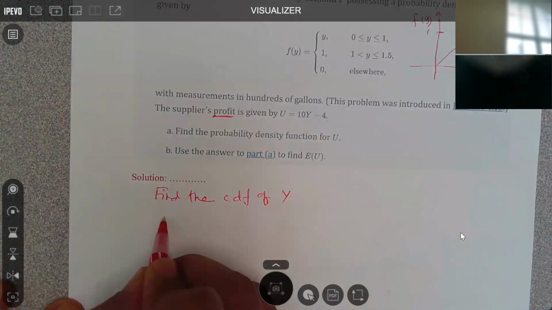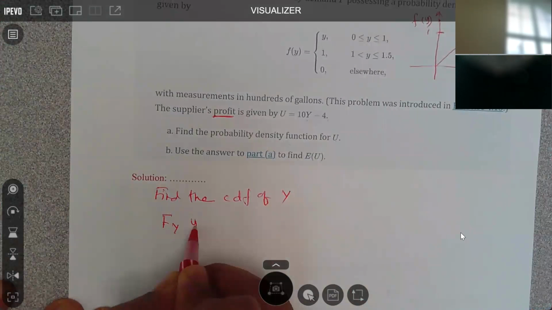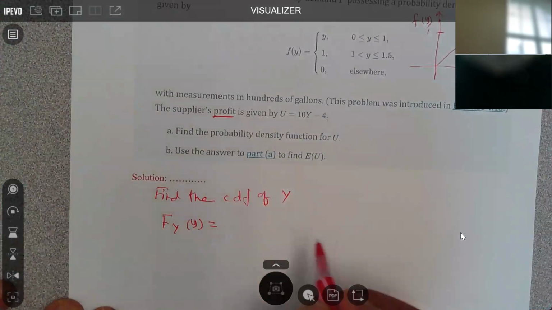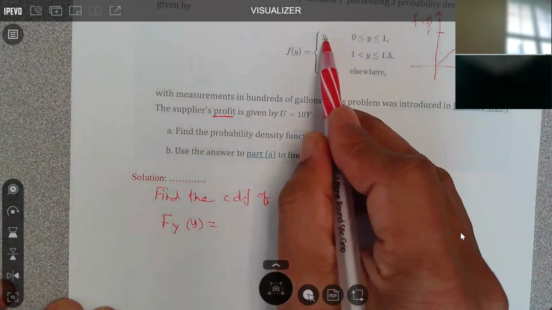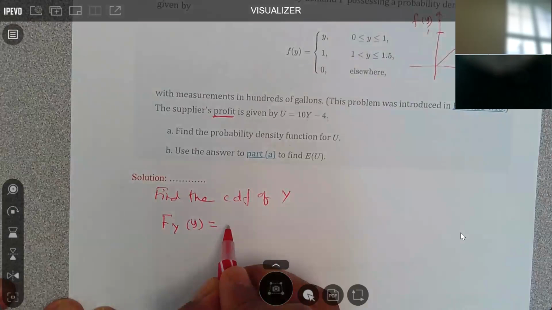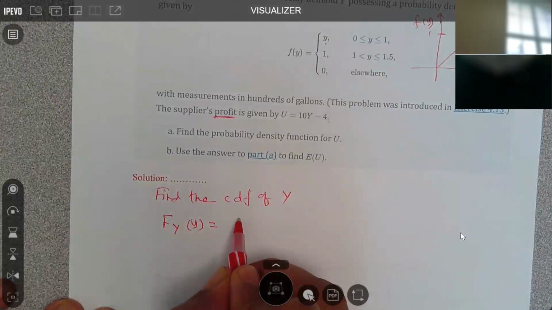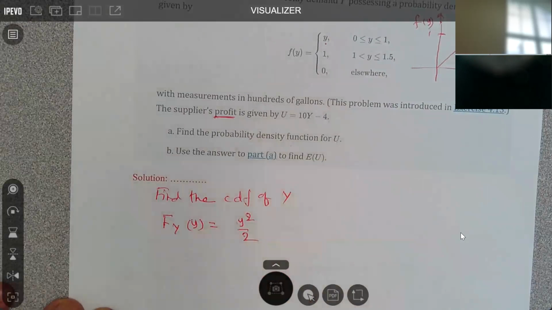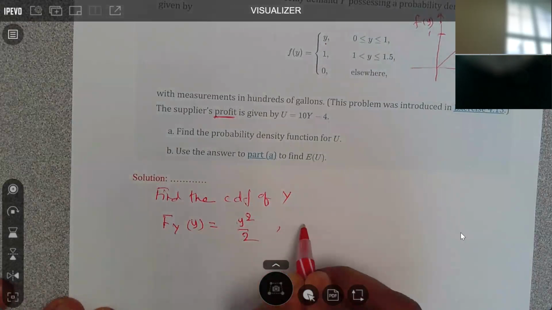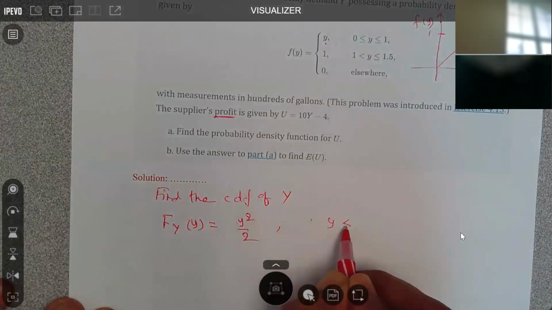Now F_Y equals, now for this one here, you just integrate here, right? So equals Y square over 2, right? Yes. And that is for Y lies between 0 and 1.